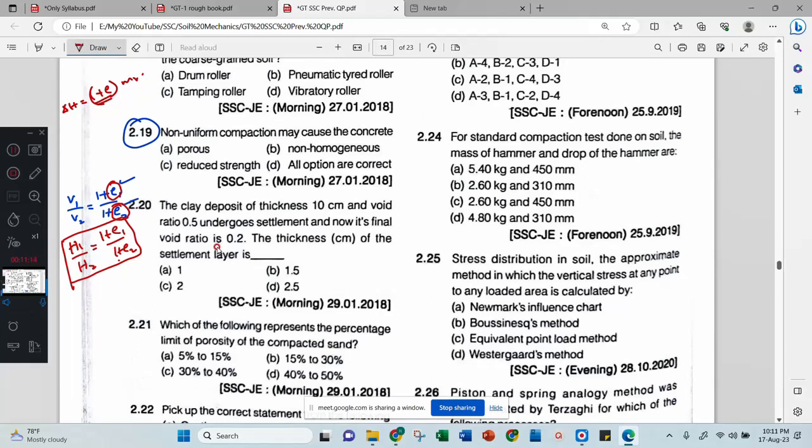Then two conditions you can write and you will arrive at the same condition. Now answer. 2 is the correct answer.